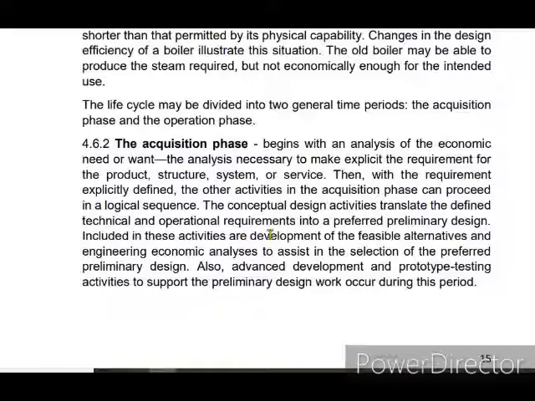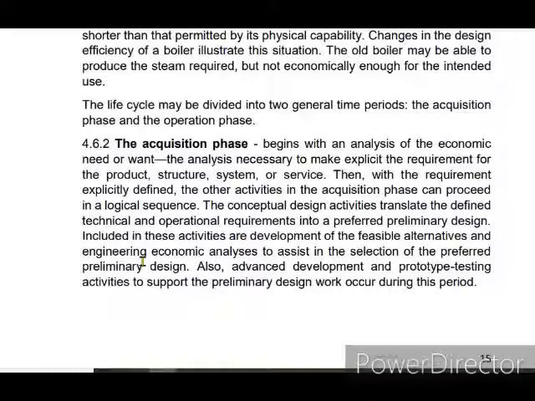The other activities in the acquisition phase can proceed in a logical sequence. So after clearly defining, the activities will now proceed in a logical sequence. The conceptual design activities translate the defined technical and operational requirements into a preferred preliminary design.